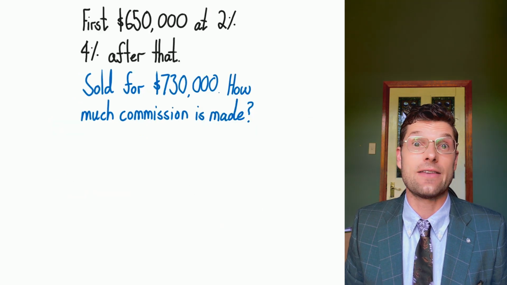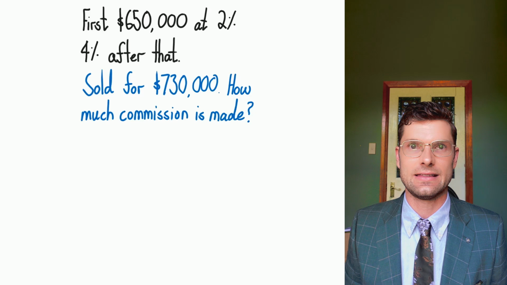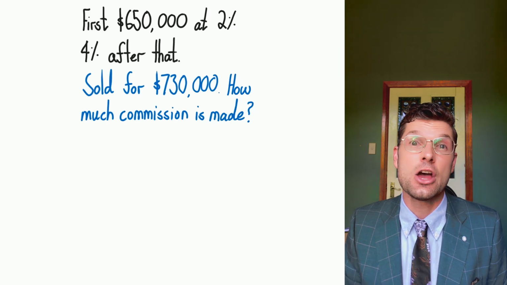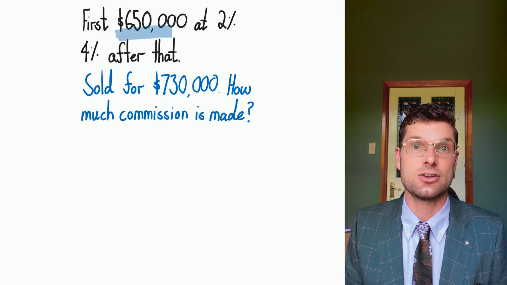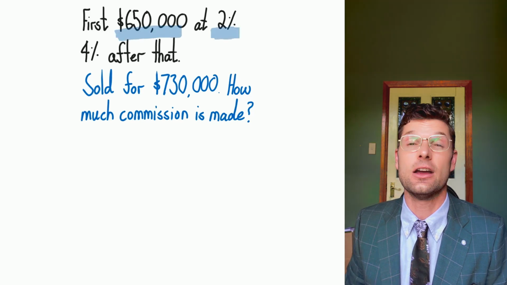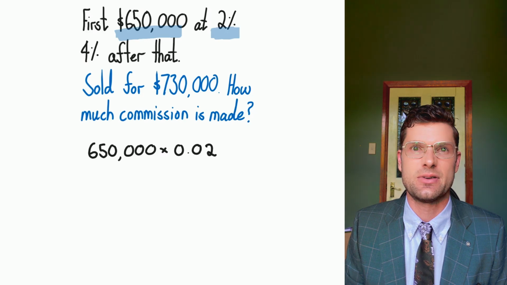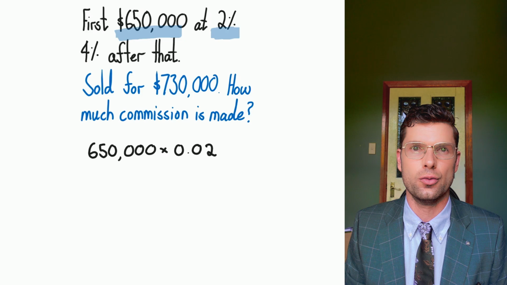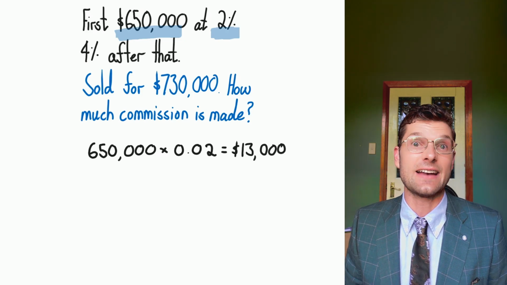In that example, we're going to say the house sold for $730,000. So how much commission does the real estate agent make? So for the first $650,000, we had 2% of the money. So all we've got to do is calculate that percentage. 650,000 multiplied by 0.02. That's equal to $13,000. That's their base rate.